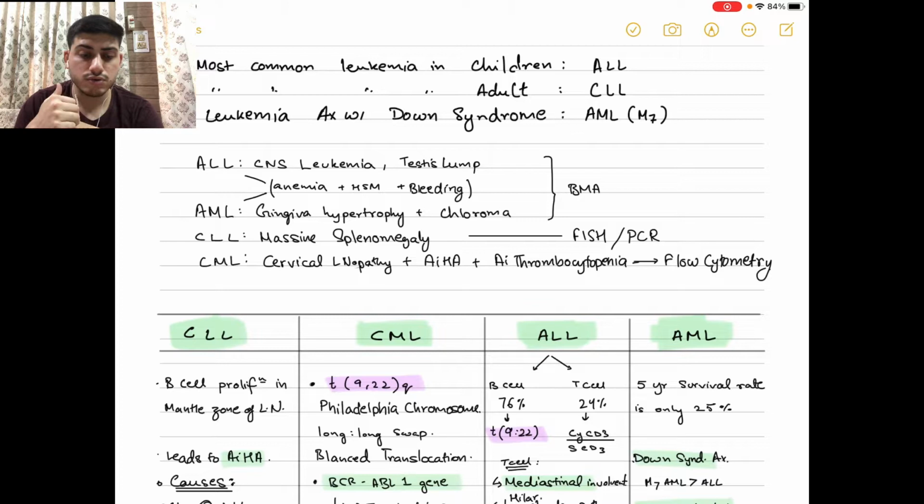For the diagnosis of ALL and AML, we will simply do bone marrow aspiration, since there is a very sudden spread of cancer, so it will be easily found on the blood smear or in the bone marrow. So the investigation of choice here will be BMA, and in CLL there will be FISH and PCR for cytogenetics and molecular analysis, and in CML it will be flow cytometry.